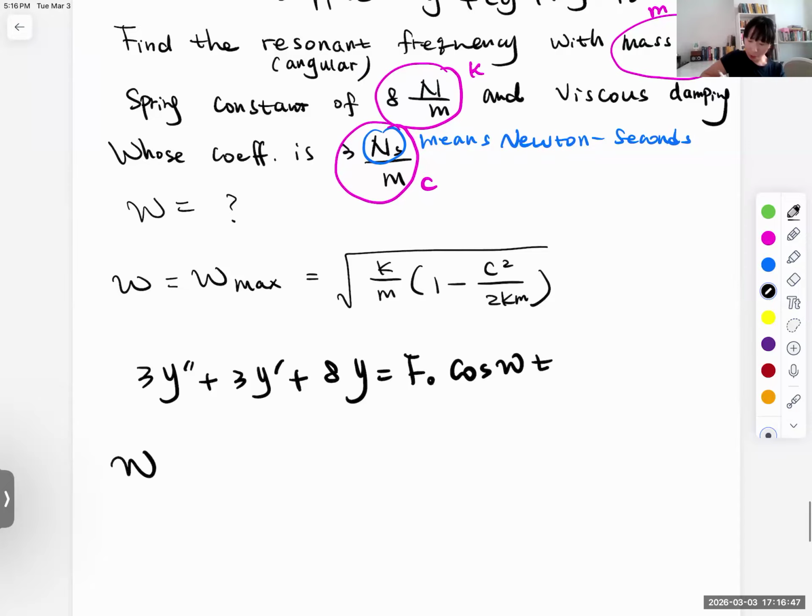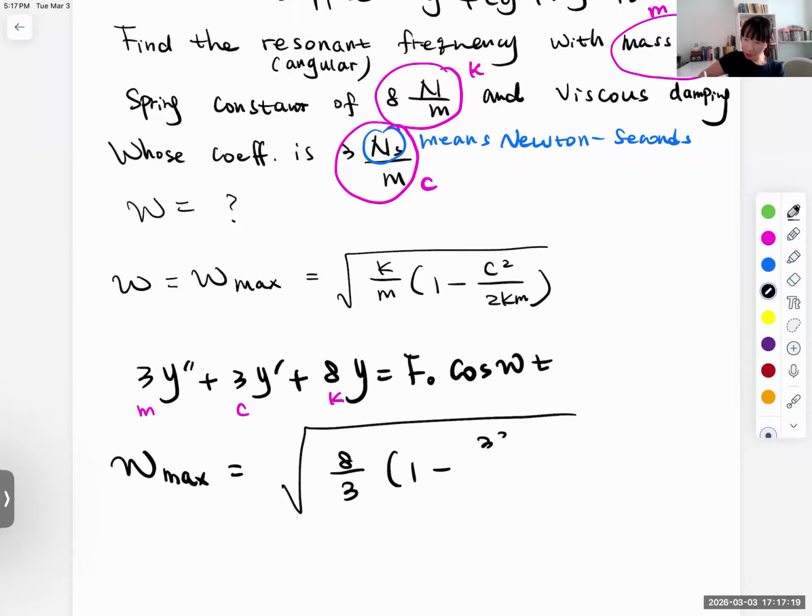Okay, so we want to know the max angular frequency, equal to square root of K over M, so this is M, C, K. So we will have 8 over 3 times 1 minus C squared, 3 squared, over 2KM.